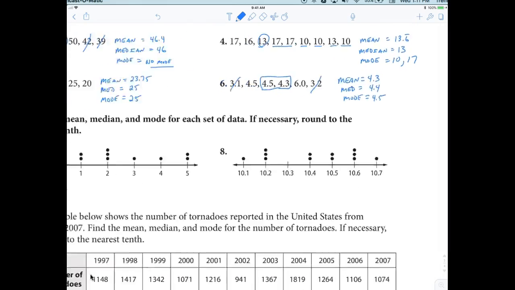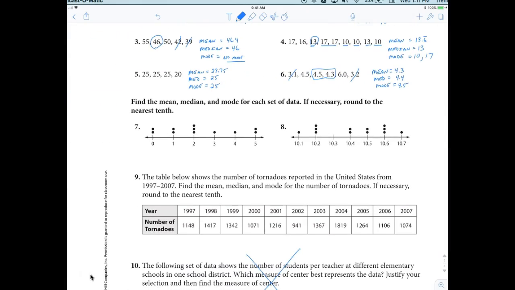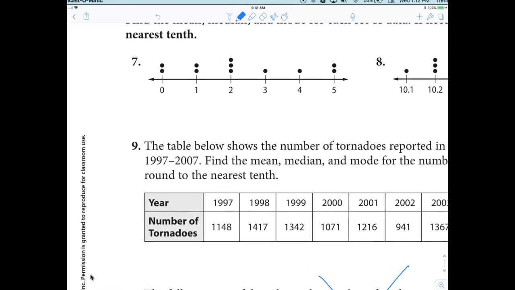All right, now, a different way of writing your data is in 7 and 8. Now, what's nice about 7 and 8? They've already put them in order for you. But the dots on top just tell you how many of those there are. For example, how many zeros are there? 2. How many ones? 2. How many twos? 3.